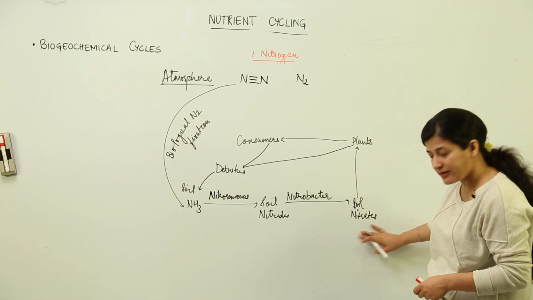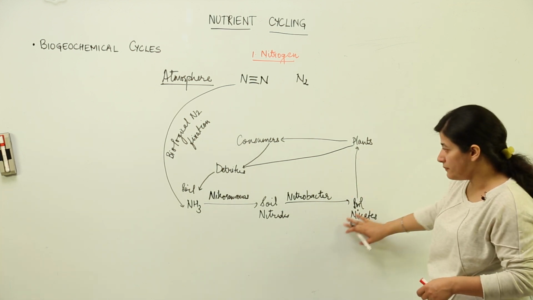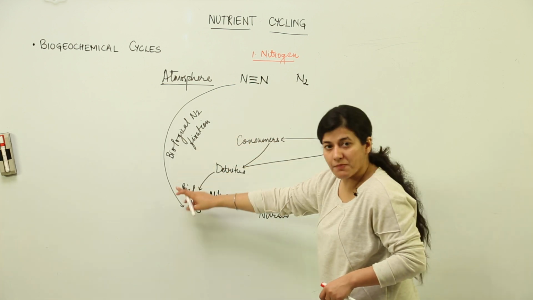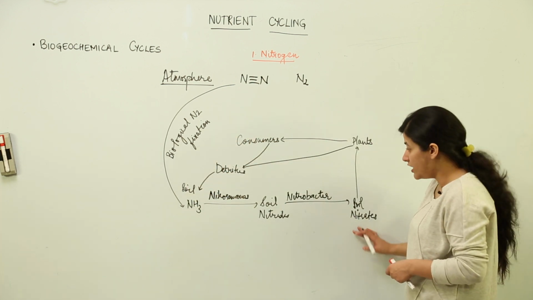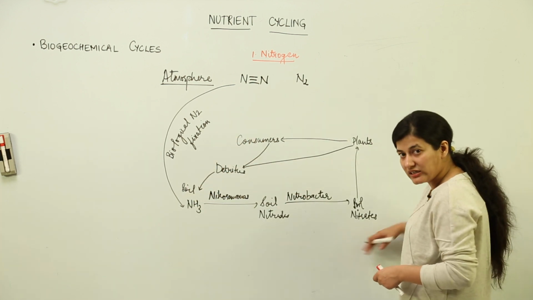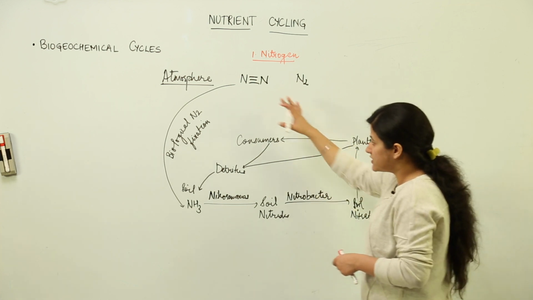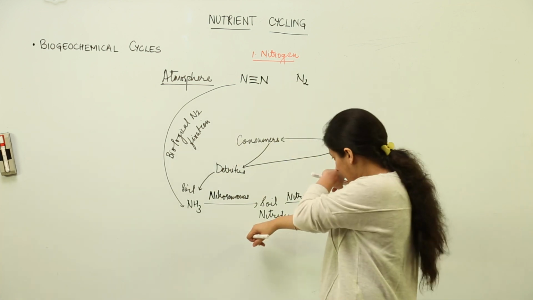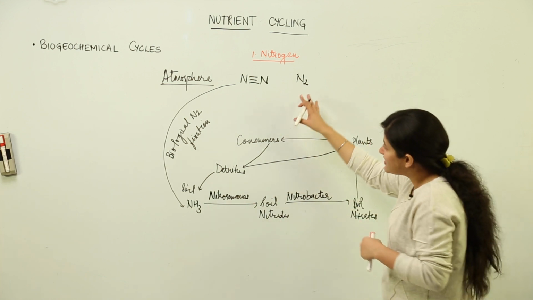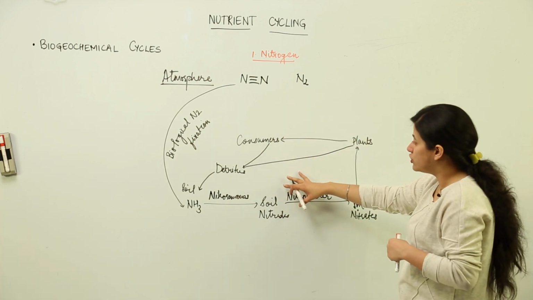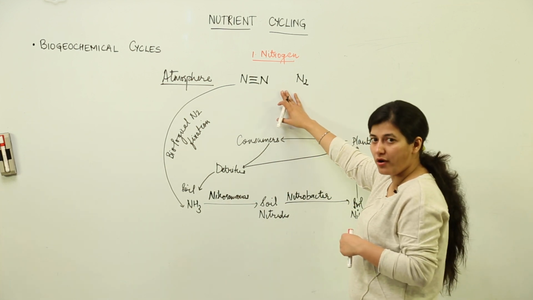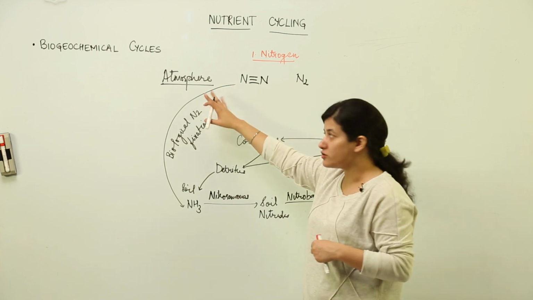Plants can directly take up these nitrates from the soil. So you see, plants are dependent on microbes for taking up nitrogen, and for how it is getting cycled in the ecosystem. Various sources, gaseous and sedimentary, or you can say soil. This is basically a gaseous type of biogeochemical cycle because the reservoir of the nutrient lies in the atmosphere.